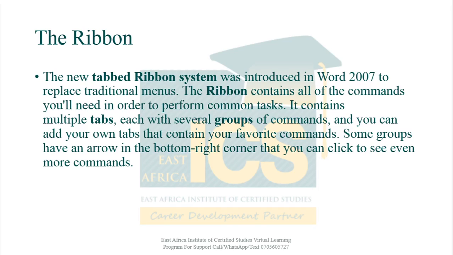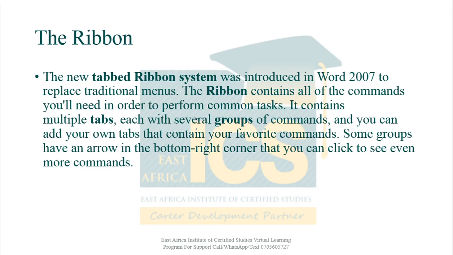Okay, so the ribbon, you really want to understand the ribbon because it is like the anchor point of this very software. The new tabbed ribbon system was introduced in 2007 to replace traditional menus. The ribbon contains all of the commands you will need in order to perform common tasks.